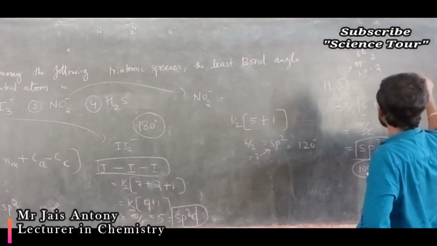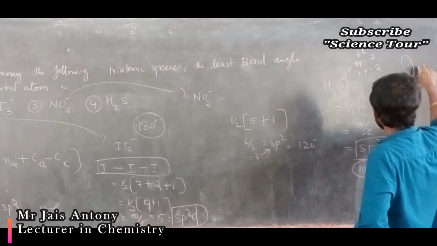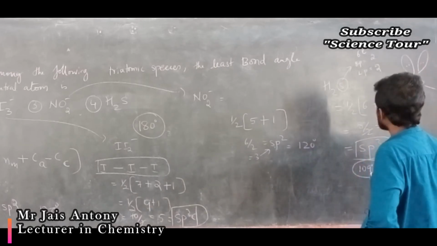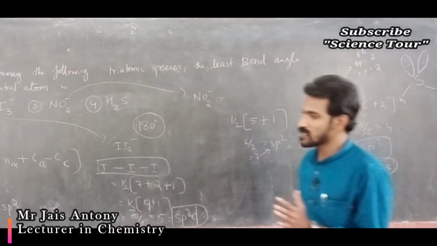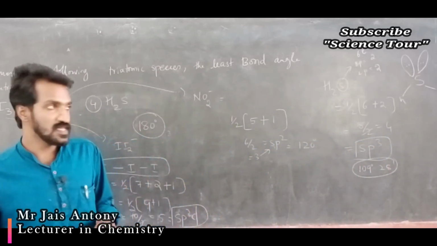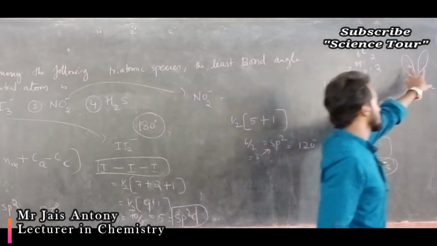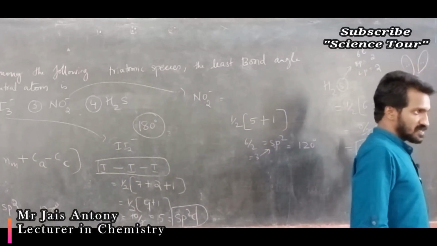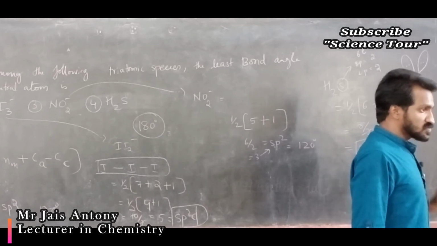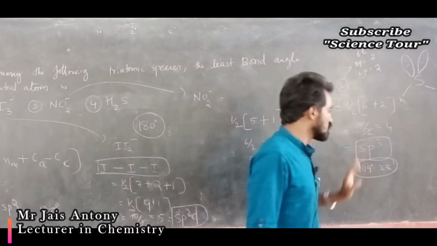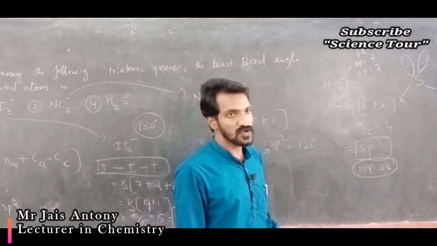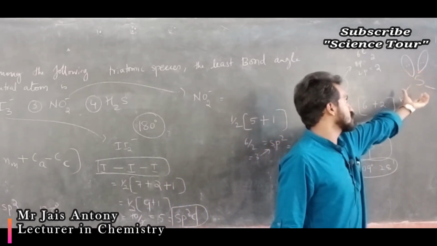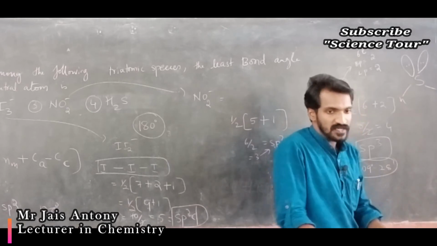So because of that reason, my dear students, lone pair-bond pair repulsion is there. What happens with this lone pair repulsion? These 2 bonded hydrogen atoms bend a little. Actually it should give a 109 degree 28 minutes angle, but because of this repulsion of lone pair electrons and bond pairs, it bends a little.